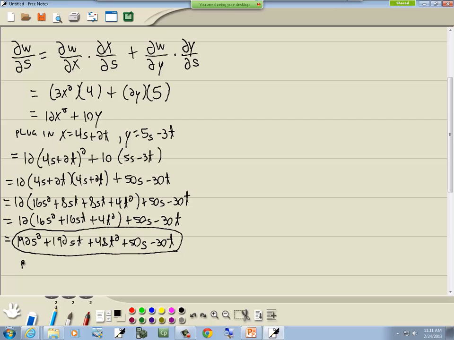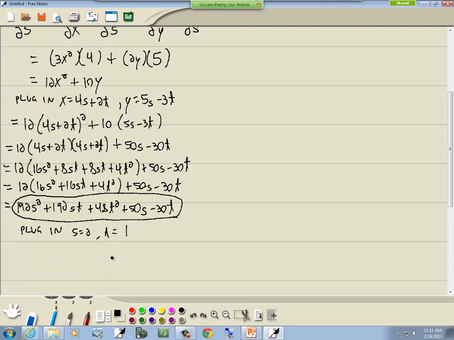Well, now they wanted us to plug in s is equal to 2, t is equal to 1. So this becomes 192 times s squared plus 192 times s times t plus 48 times t squared plus 50 times s minus 30 times t.